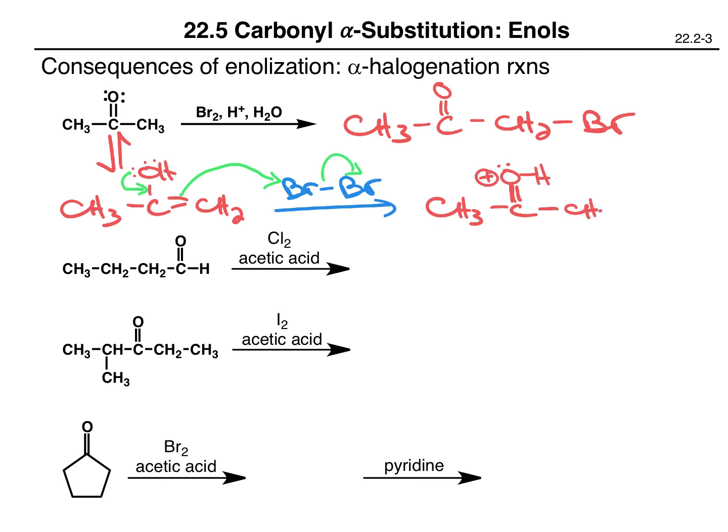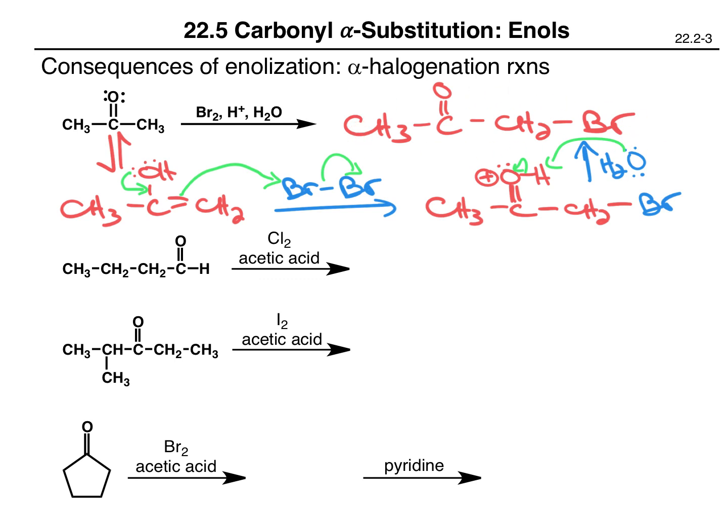This is connected to the CH2, which is now connected to the bromine, and then some water, the solvent, can grab off this proton, put these electrons back onto the oxygen, giving us this product.